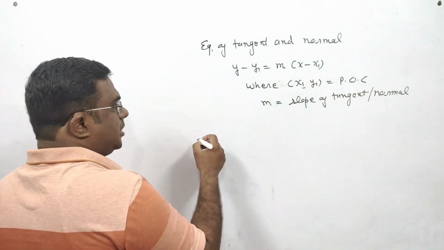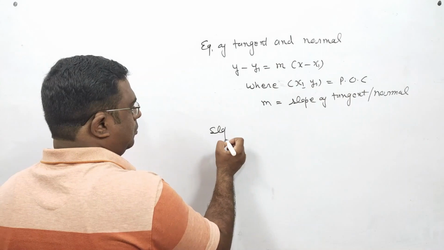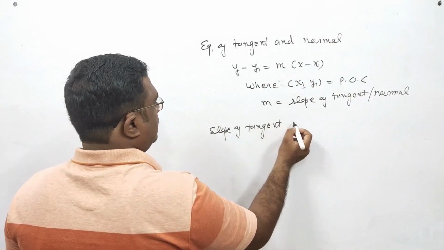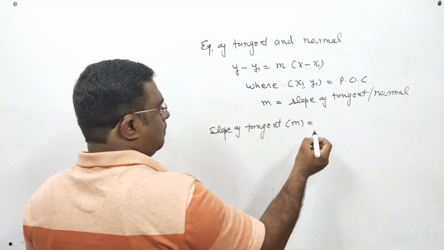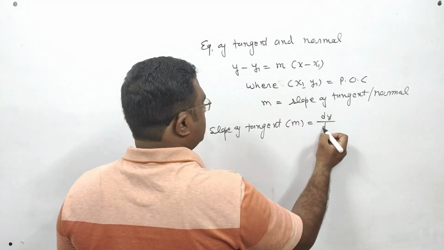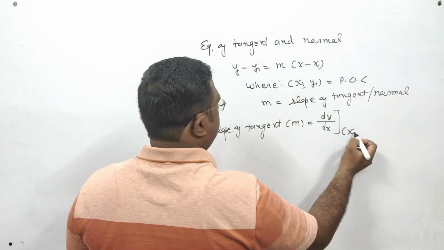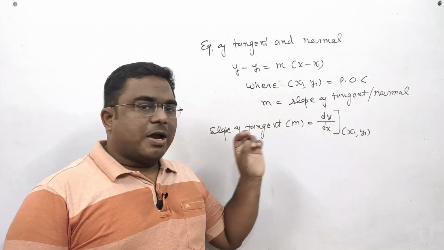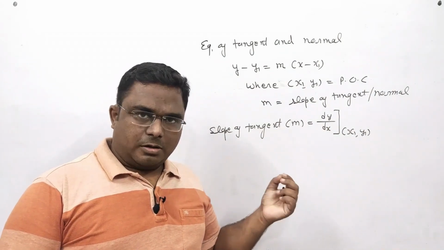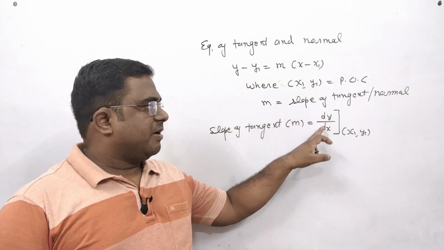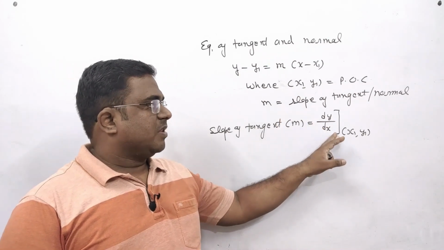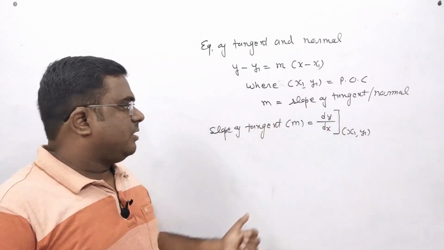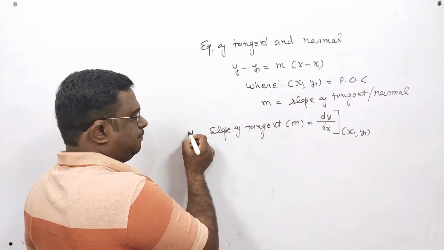Now in case of tangent, slope of tangent is equal to dy upon dx at the point x1, y1. If we find the derivative of the given curve and obtain the value of dy upon dx, and in that value replace x by x1 and y by y1, then we get the slope of tangent.